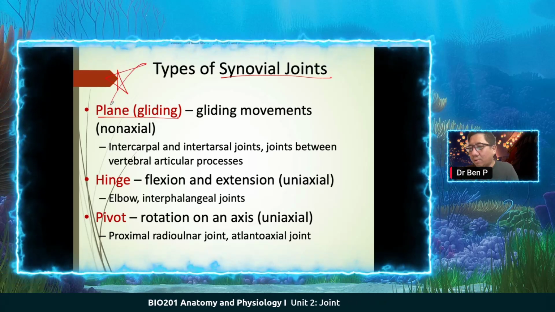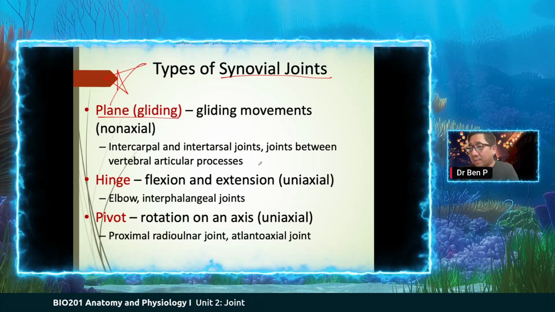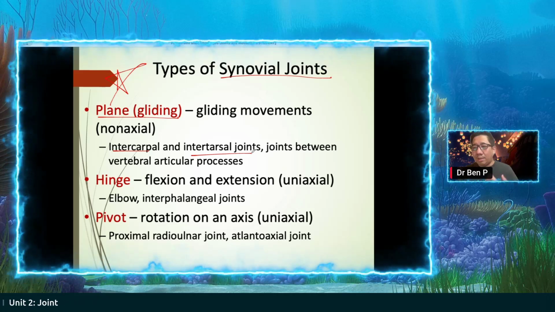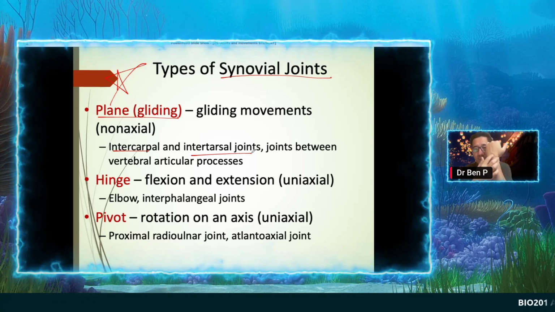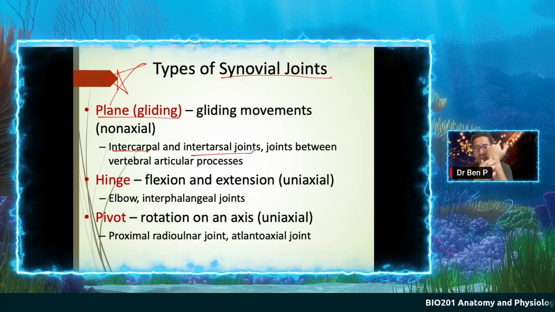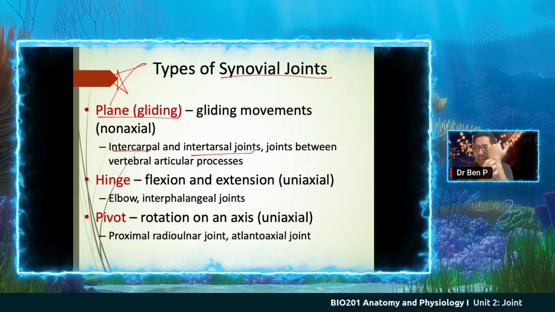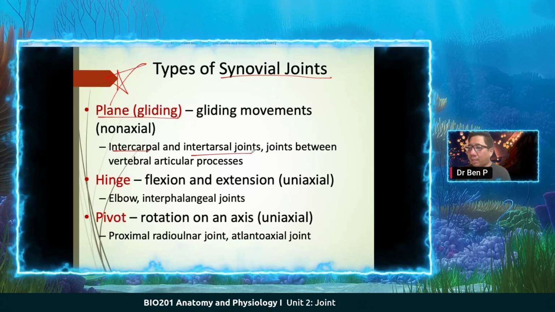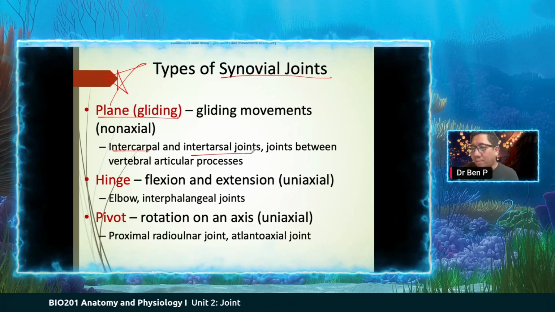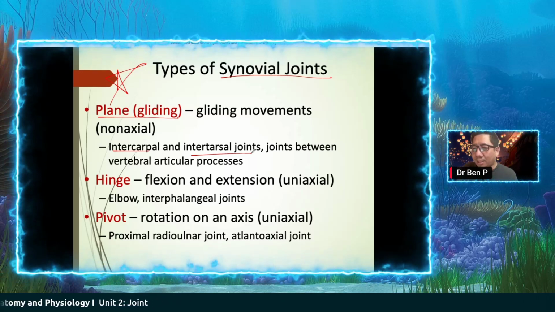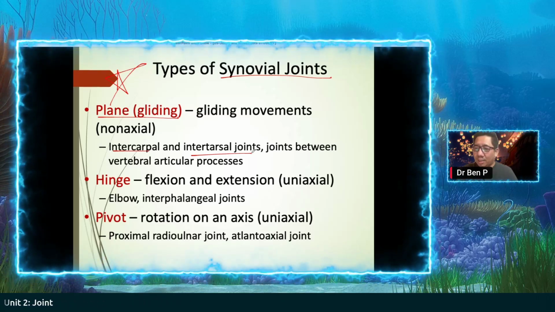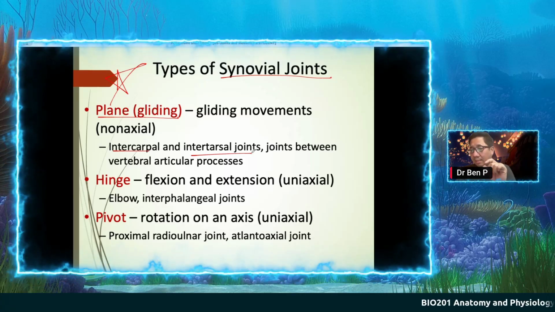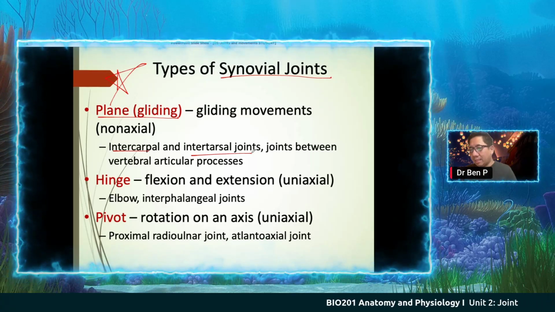Okay, so know these and know the examples of them as well, like the intercarpal and intertarsal joints. That's between your carpal bones, so intercarpal means between your wrist bones, and between your ankle bones. Okay, and the joint between the vertebral articular processes. Okay, vertebral articular processes. That's between your vertebrae.